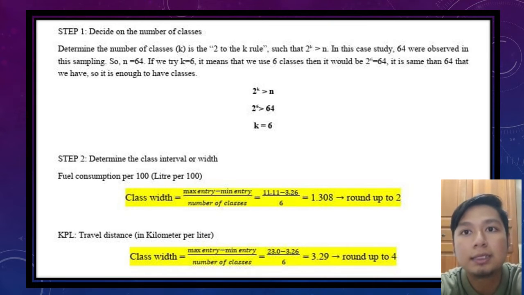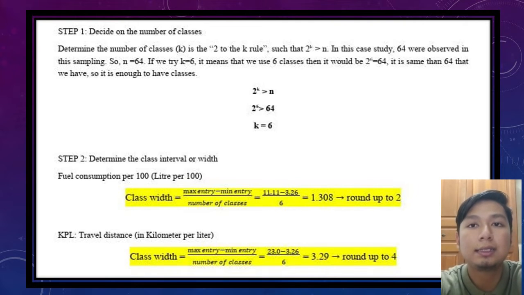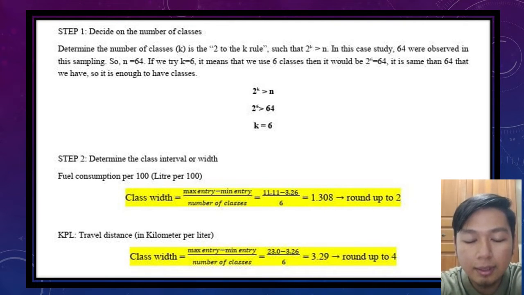So the final answer for this part is 2. Same thing for travel distance. We use the same formula, and the final answer we get is 3.26, and we must round up to get 4.